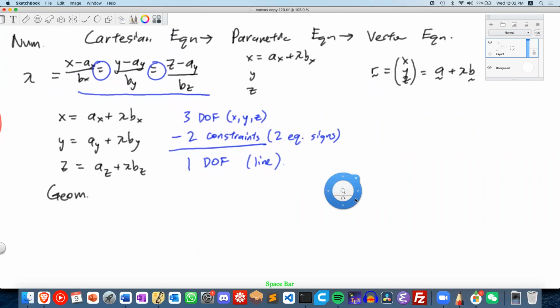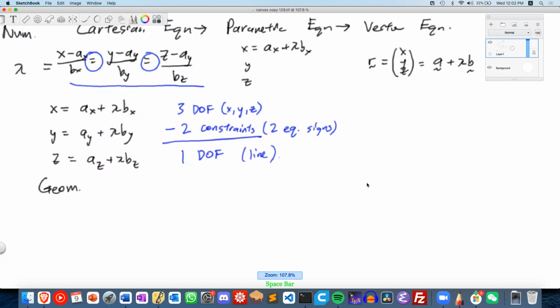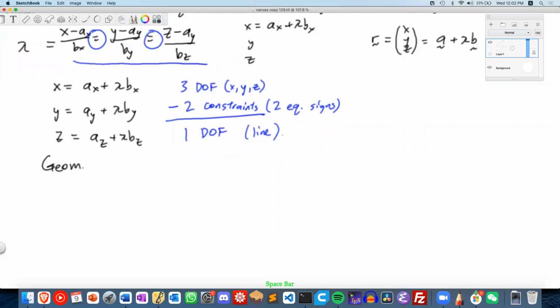So geometrically, setting this degree of freedom equal to lambda allows lambda to be the choice along the line. Imagine we have a line, revisiting what we talked about previously.